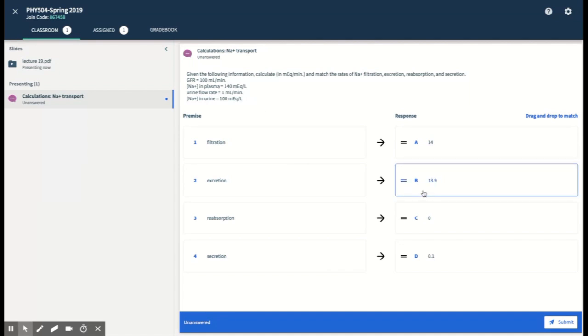Filtration, excretion, reabsorption, and secretion rate.